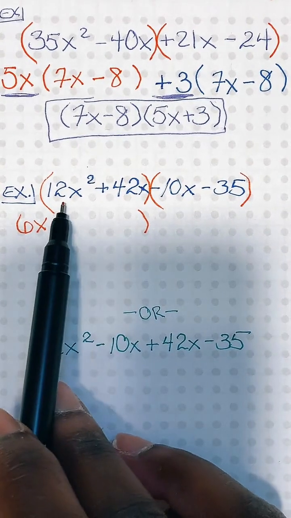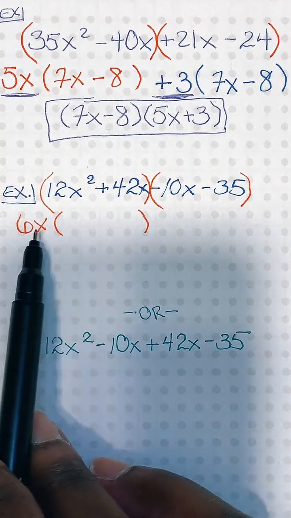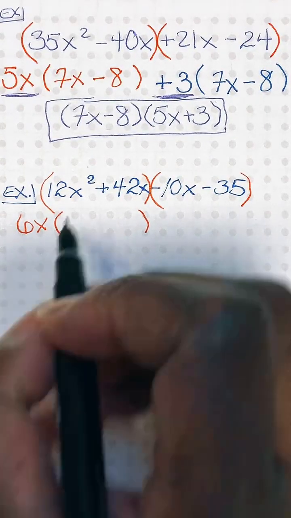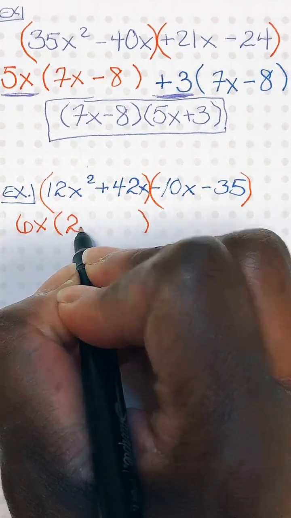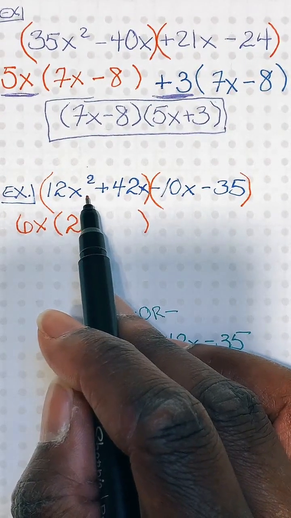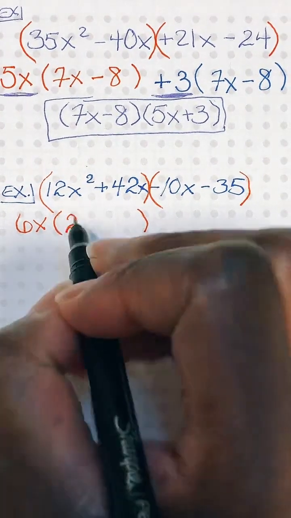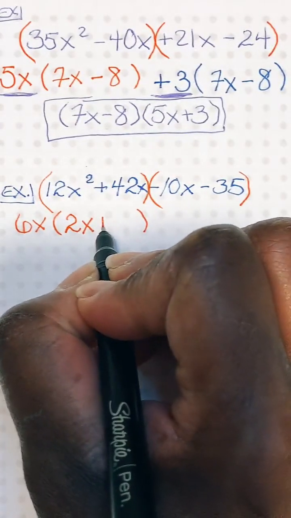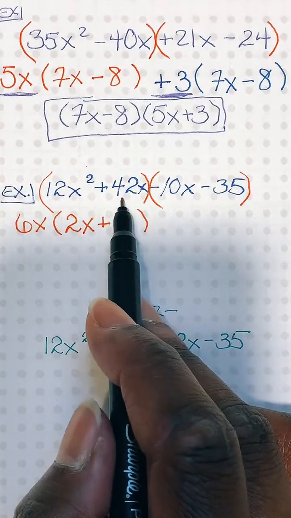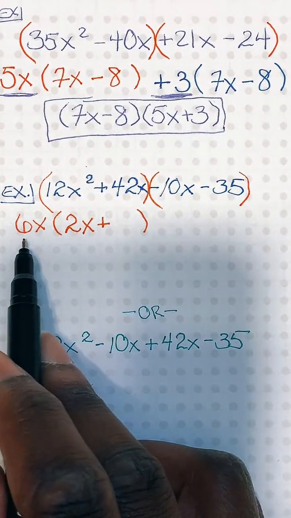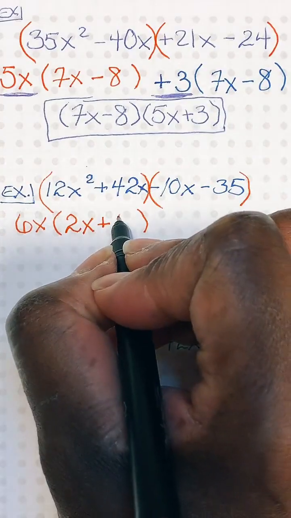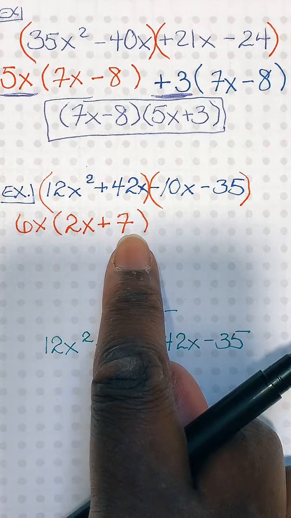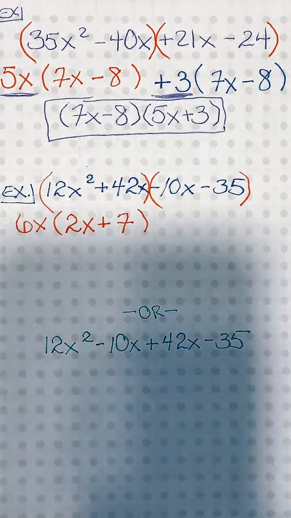So now you're going to divide the original by that 6x. 12 divided by 6 gives me 2. We have 2 x's, we pulled 1 x out, so we pull down an x. Bring down our plus sign. So 42x divided by 6x gives me a 7. All right, that takes care of that first parenthesis.